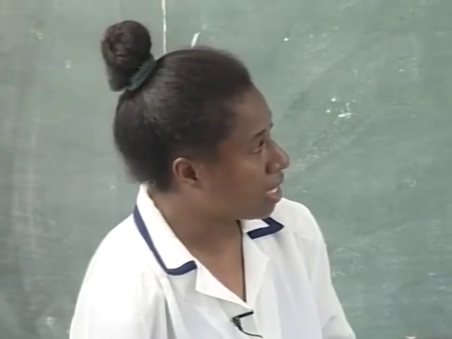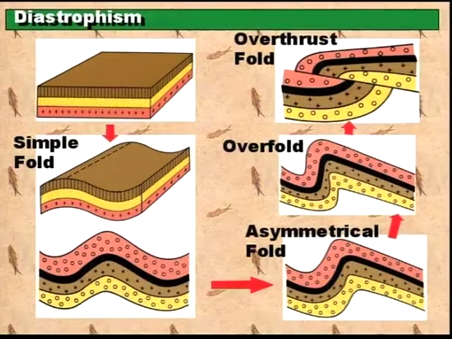We also looked at a simple fold and the continuous exerting of compressional forces on that layer of rock, and what can happen in stages, from a simple fold to an asymmetrical fold, to an overfold, and finally perhaps to an overthrust or a nappe.